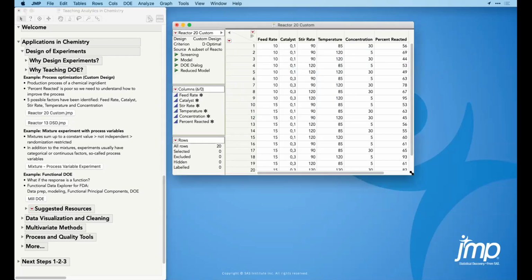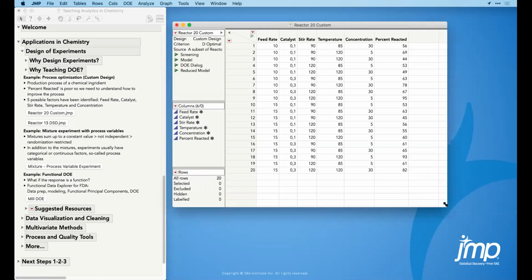And this is a designed experiment, as you can see here. It was created using the custom designer. And the problem here is that we want to maximize the yield and understand the relationships between our 5 continuous factors and this yield column, which is called percent reacted.